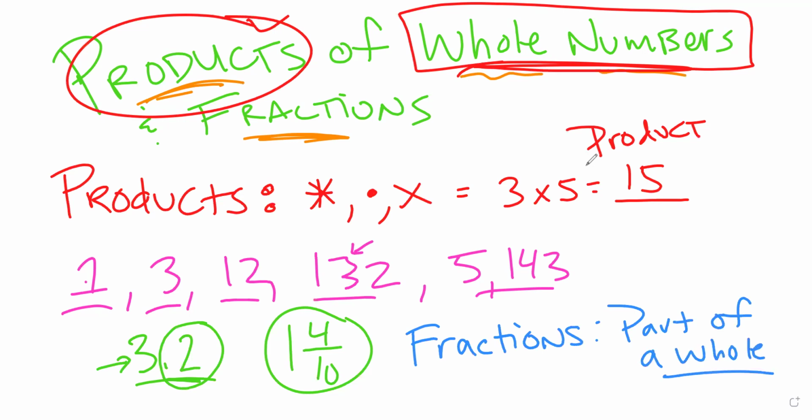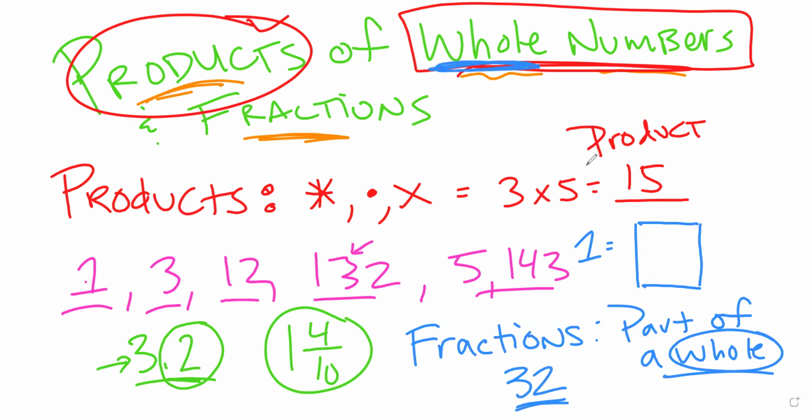So fractions are part of a whole, meaning again, I can take something that represents a whole, right? In this case, maybe I'm going to represent the number 1. Again, a whole can be anything. It could be 32. That's a whole because, again, it's a whole number. A whole could be a triangle if I'm drawing a picture, right?